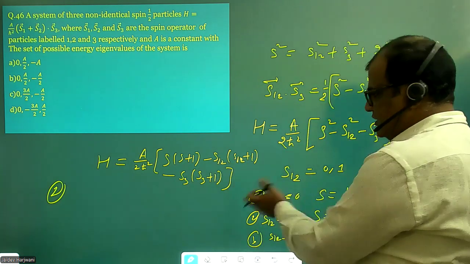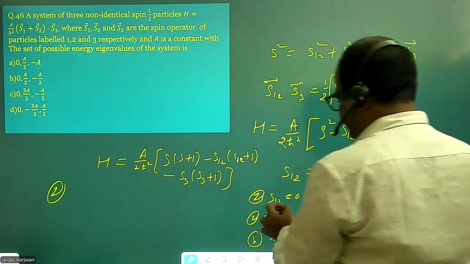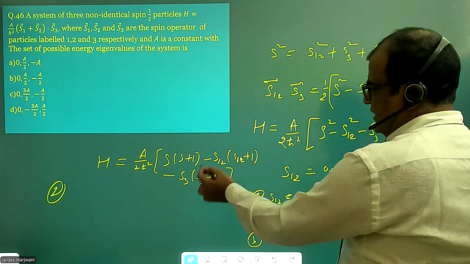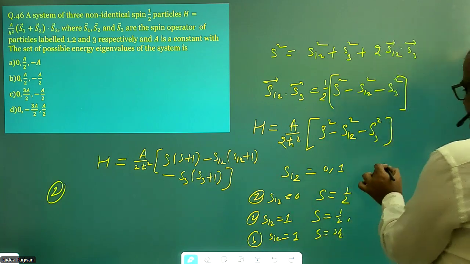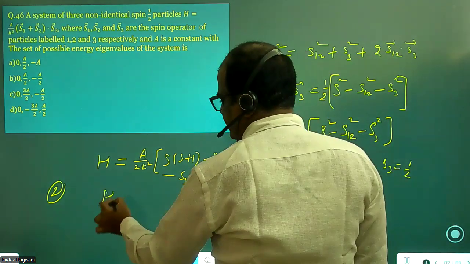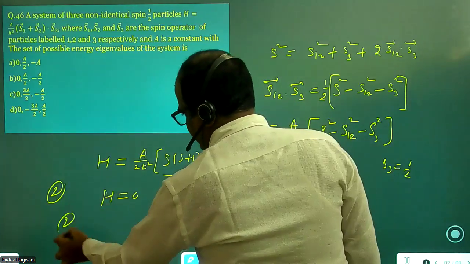Now put these 3 cases. If I put S12 equal to 0, this term becomes 0, S is half, and S3 is already half. So for the first case your H will become 0.